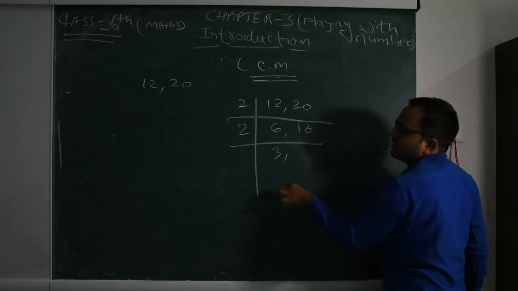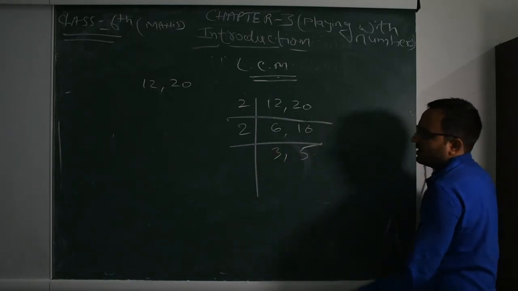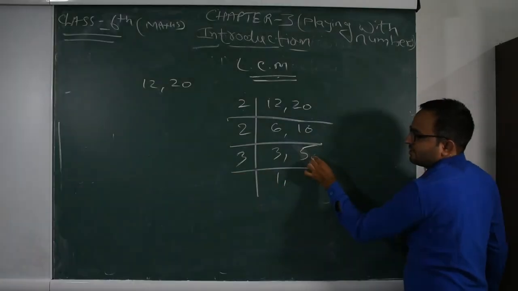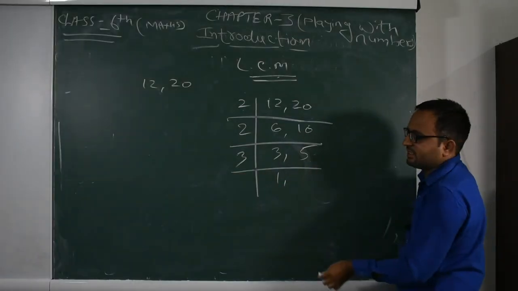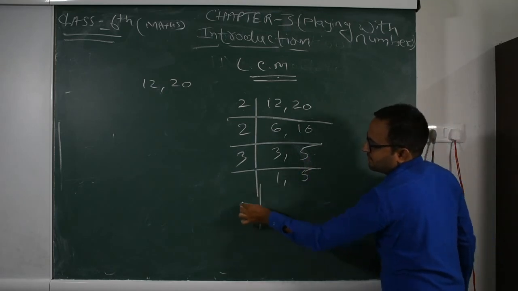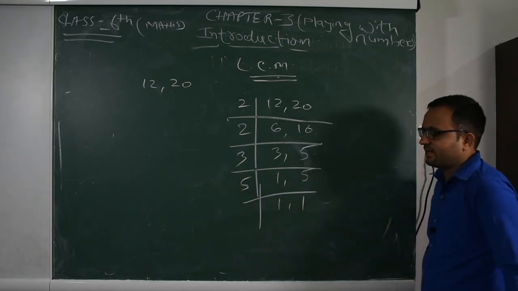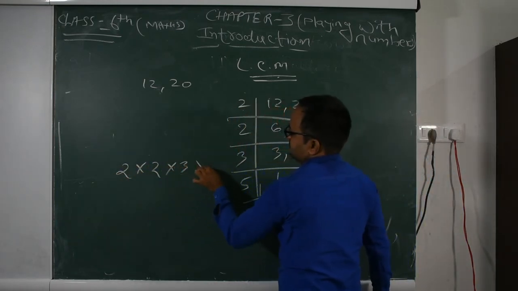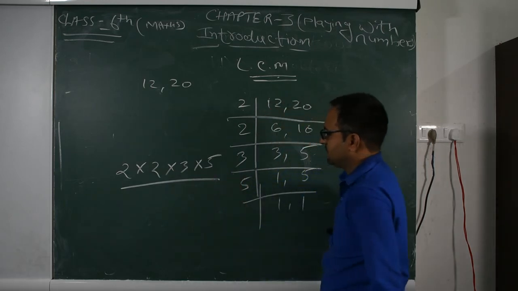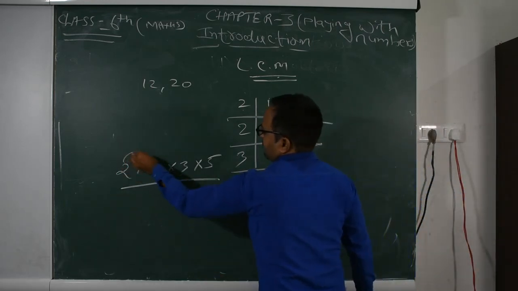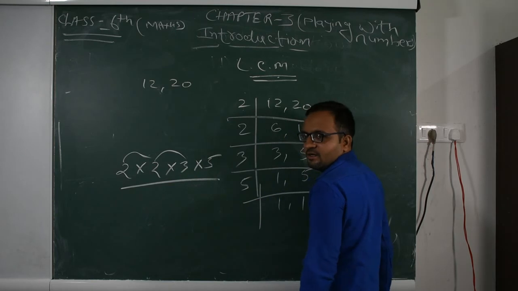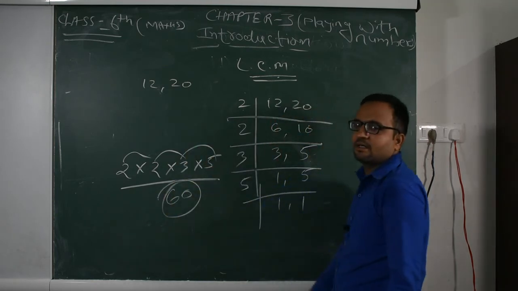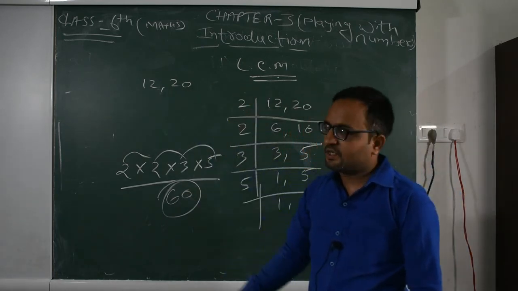Again 2 threes are 6, 2 fives are 10. Now 3 ones are 3 and 5 is not divisible by 3, so we write it the same, 5 ones are 5. Now multiply: 2 twos are 4, 4 threes are 12 and 12 fives are 60. So 60 is the LCM of 12 and 20.